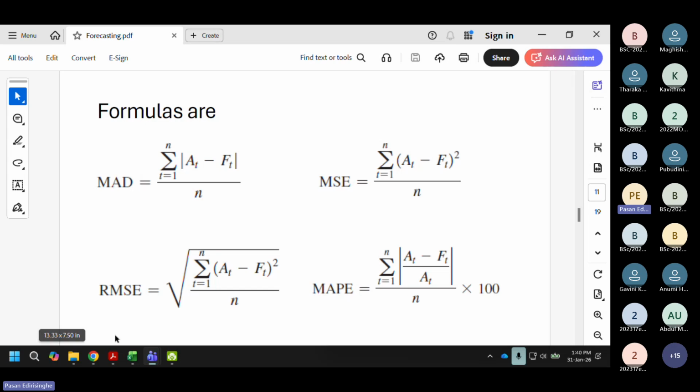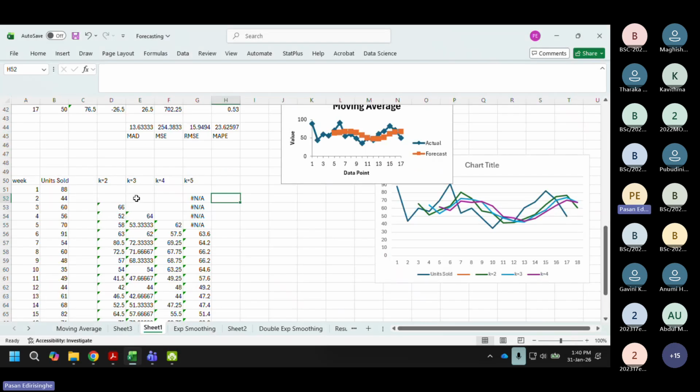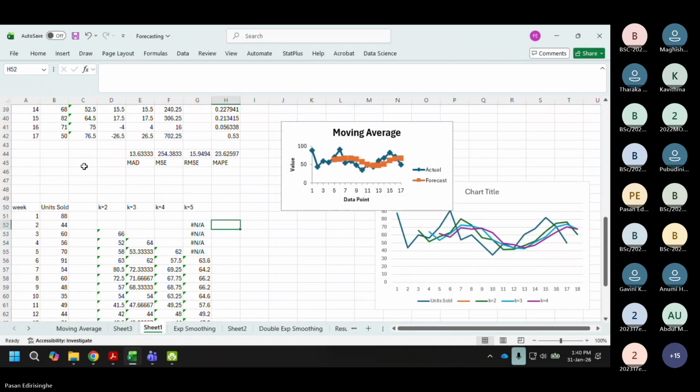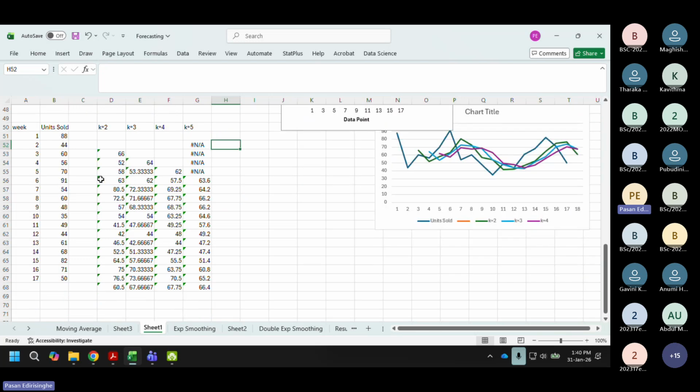For each of these cases, we can calculate those measurements: mean absolute deviation, mean square, and so on. We can calculate them one by one and see which one gives the smallest value. Then we can find out the best moving average order. So let's do that calculation.